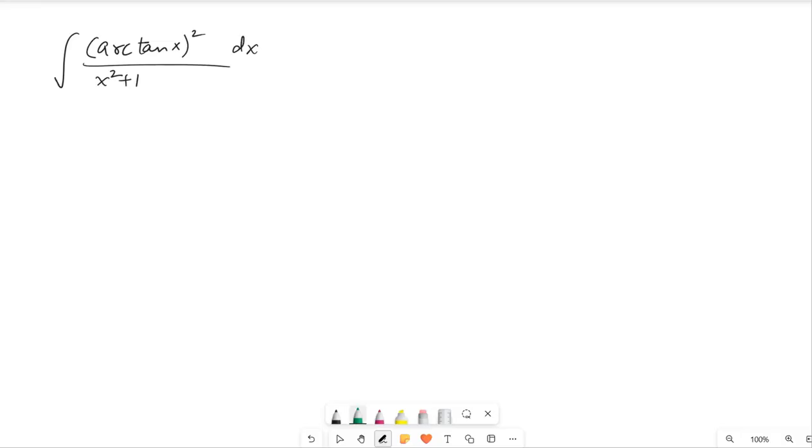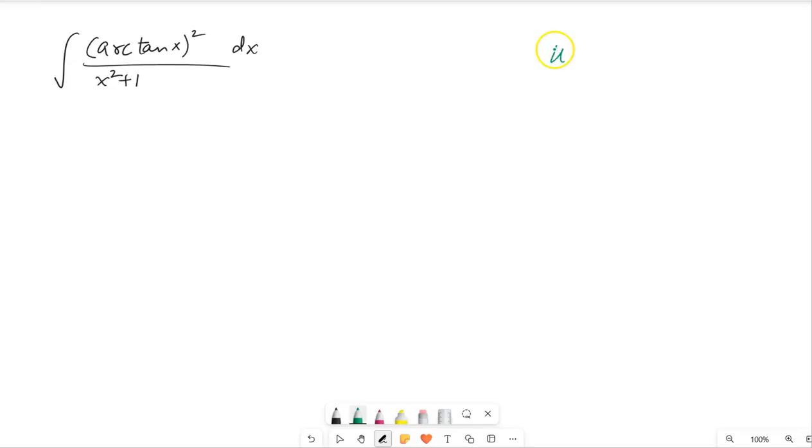Let's practice another question with a substitution requirement, but also the integration rules of inverse trigonometric functions. Here I see there's an arctan squared, and I remember arctan's derivative is 1 over x squared plus 1, which is already sitting here.